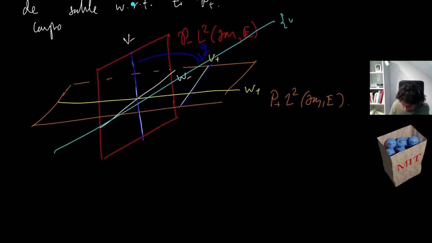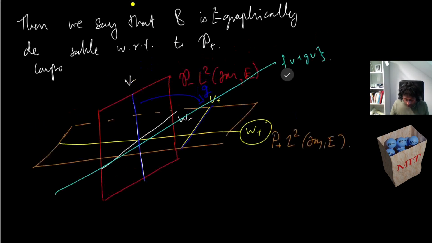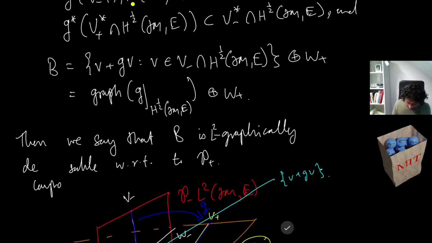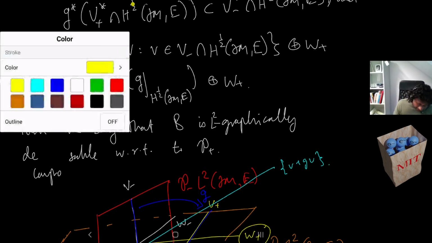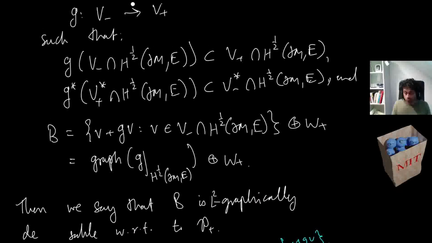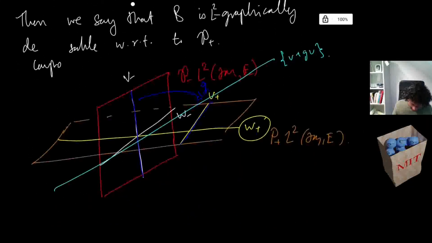So this is V plus GV, and the amount of error term I have is just this finite dimensional subspace W plus. Okay, so that's really what this is saying, right? That I can decompose my boundary condition in a really nice way into these parts, the way that we cut up the check space with respect to this boundary decomposing projector P.